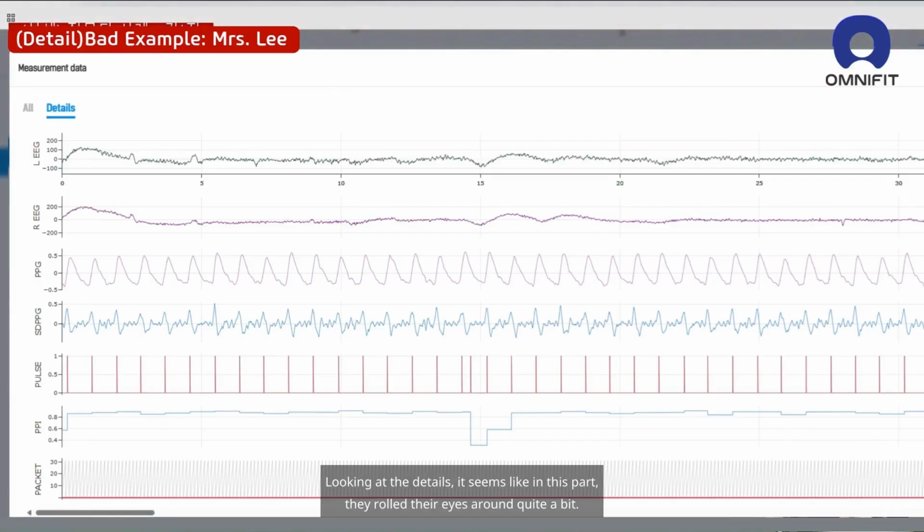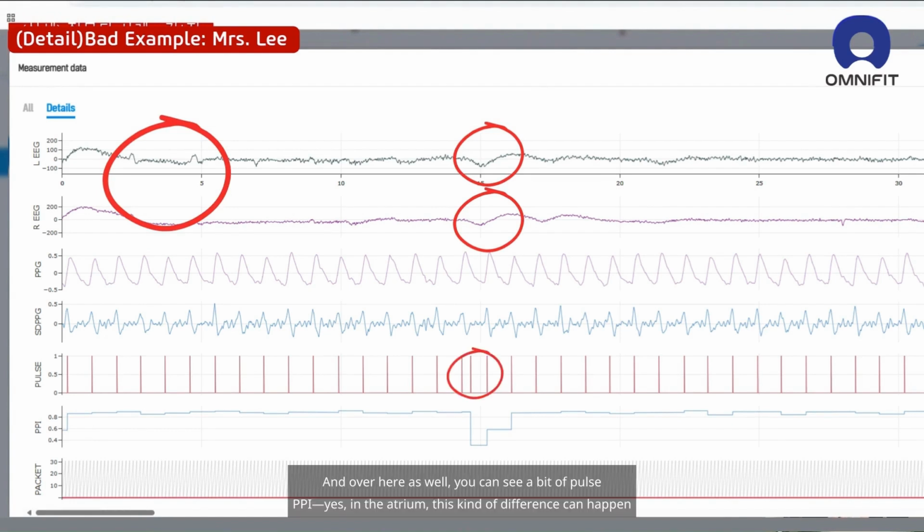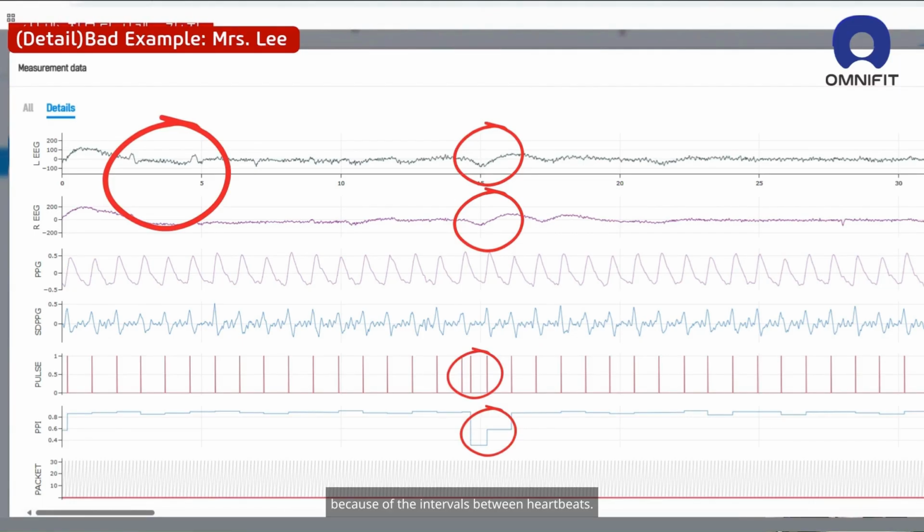Yes. Looking at the details, it seems like in this part, they rolled their eyes around quite a bit. And in this spot, you can see them blinking their eyes. And over here as well, you can see a bit of pulse PPI in the atrium. This kind of difference can happen because of the intervals between heartbeats.